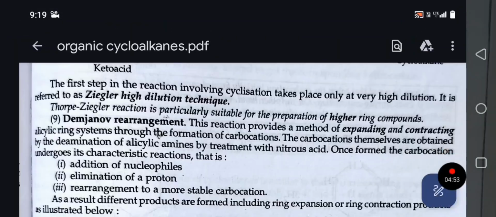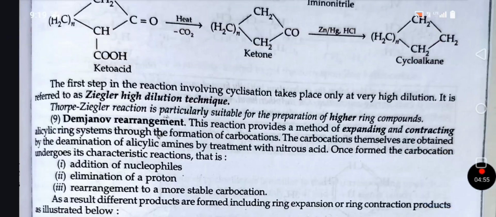The first step in the reaction, involving cyclization, takes place only at very high dilution. It is referred to as the Ziegler high dilution technique. Thorpe-Ziegler reaction is particularly suitable for the preparation of higher ring compounds.